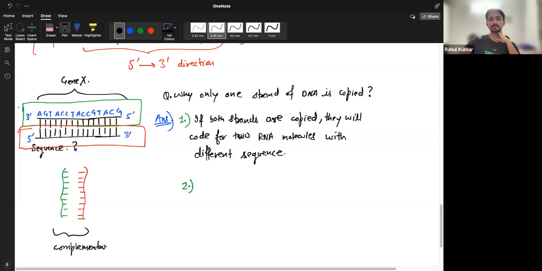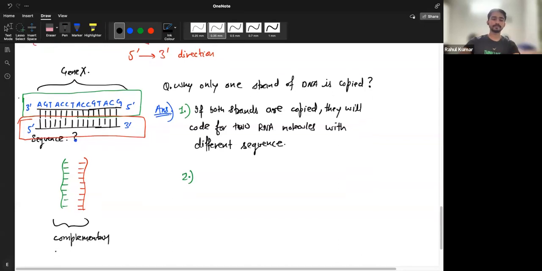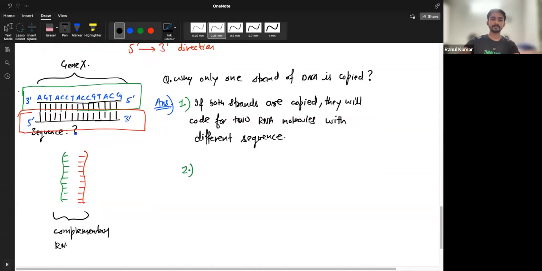What will happen if two complementary single strands? Yes, Alia says a dsRNA. It means double-stranded RNA. So RNA is single-stranded, and if it finds its complementary pair, it will go and bind with that to become stable.